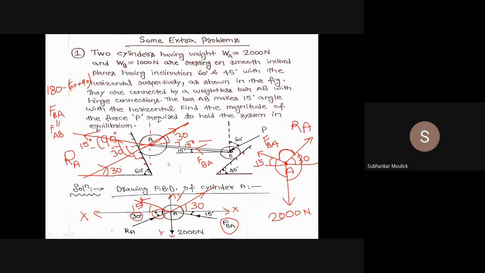So before that, we will now draw the free body diagram of cylinder B by considering point B to be the equilibrium point.